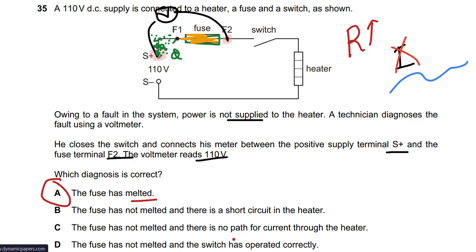Well, if everything was going all right, it's not melted and was operating correctly, that would mean that it's working fine, but we know that the heater power is not supplied, so there's no current through the heater because all of the charges are getting compiled here. They're not able to go to the heater. They're getting stuck over here because the fuse has melted. So essentially the answer is A.